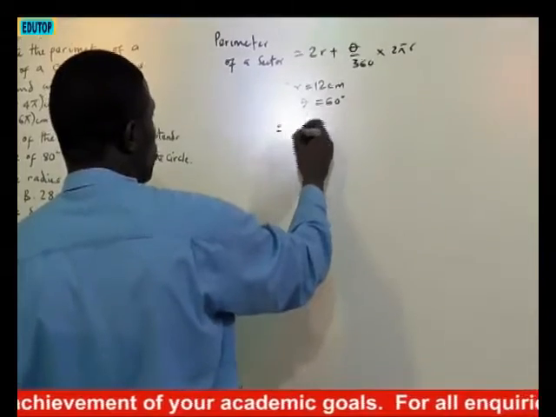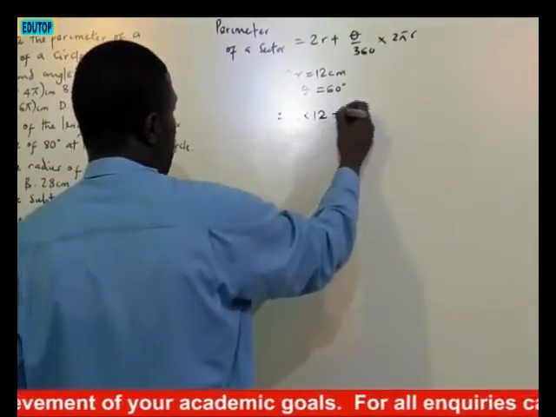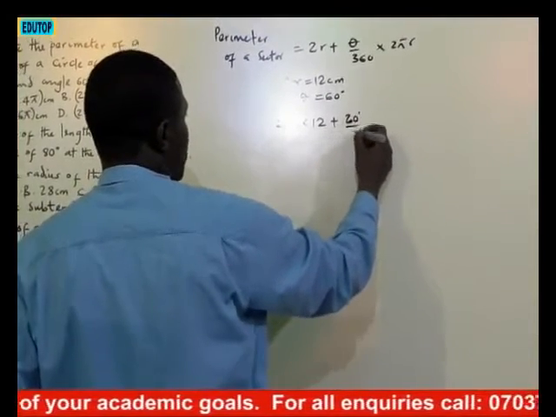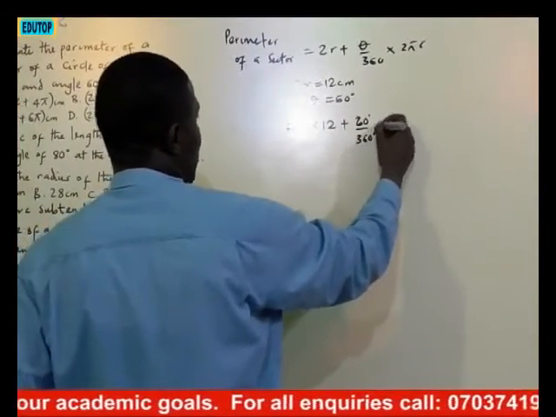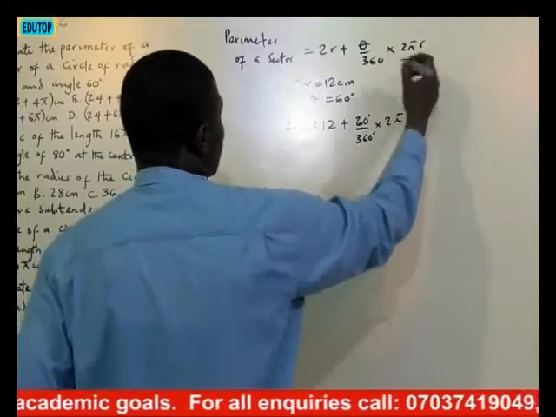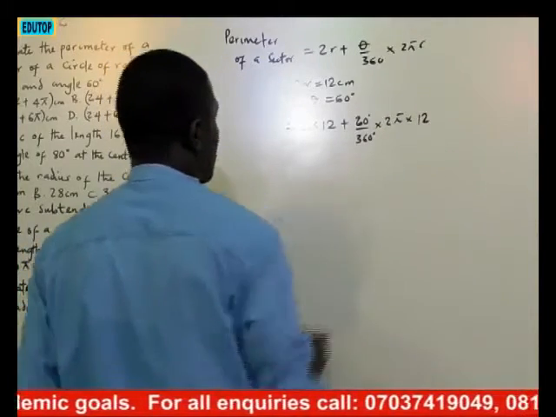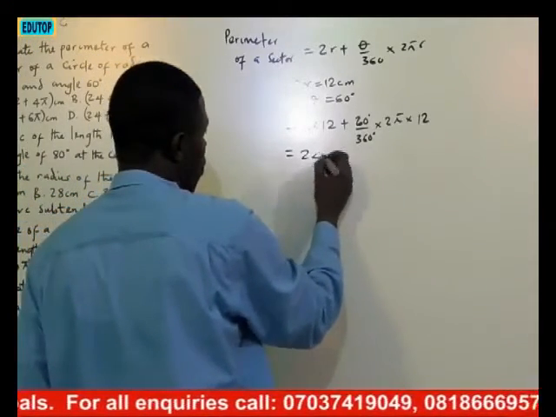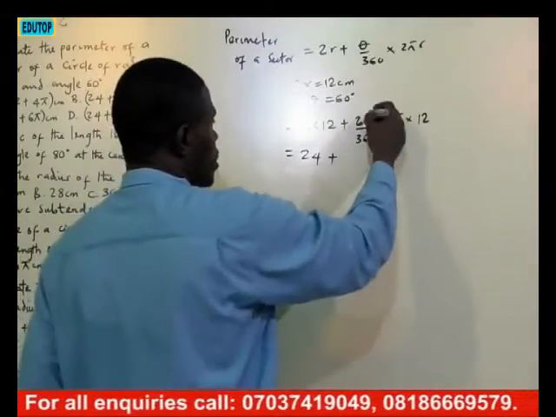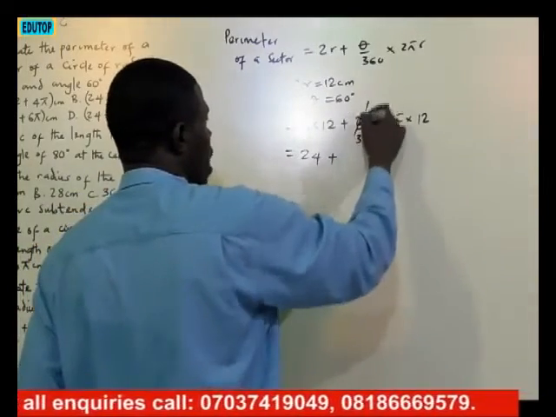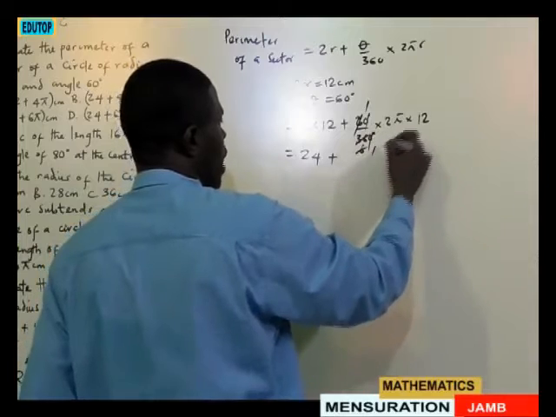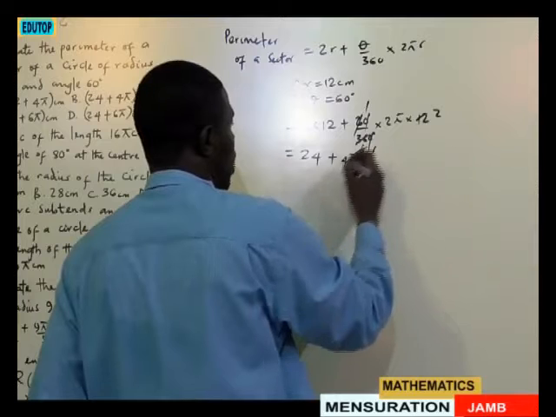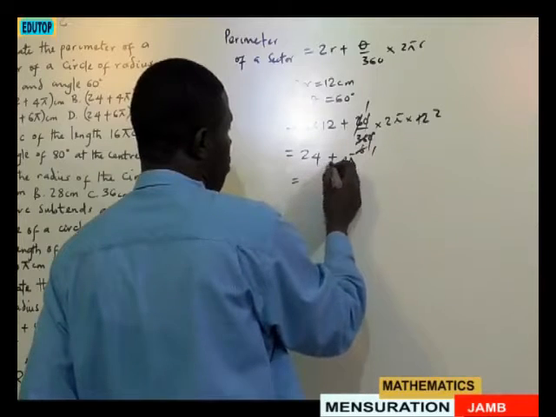You have 2 times r, 12, plus 60 over 360 times 2 pi times the radius, which is also 12 centimeters. 2 times 12 gives us 24, plus 6 here 1, 6 here 6, 6 here 1, 6 here 12, 2 times 2 pi, that's 4 pi. So we have 24 plus 4 pi.